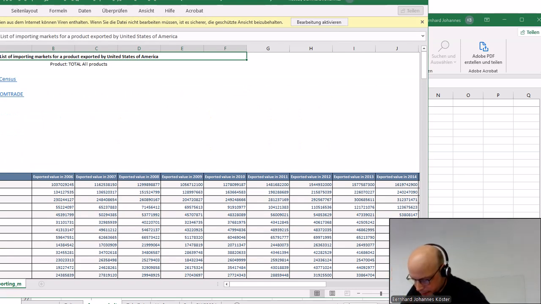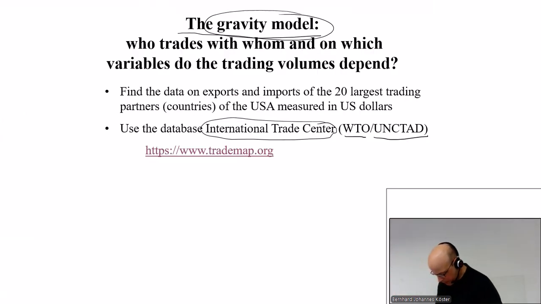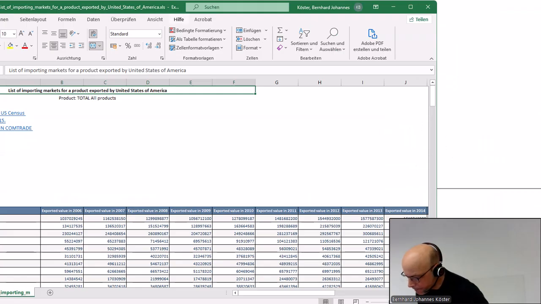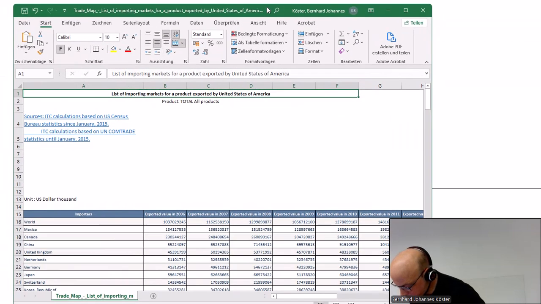Why is it XLS? I actually don't know. Maybe just because of the main reason, never change a running system. Oops. I always have problems to move the window. Now it works.